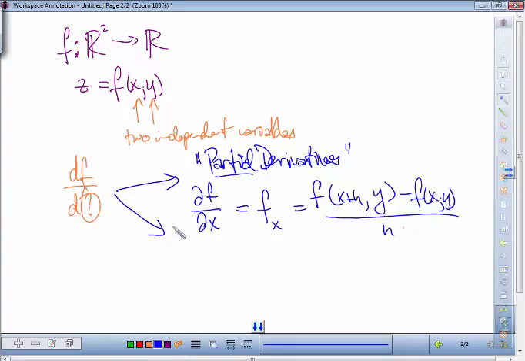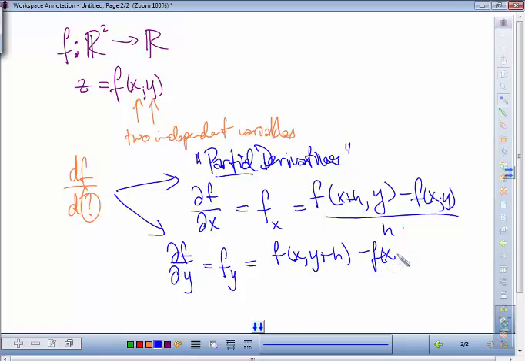We can do the same for the other one. Partial of f with respect to y, or f sub y, is equal to f of x, and then now the y is the one that's changing with a plus h. So f of x comma y plus h minus f of x y, all of them over h.